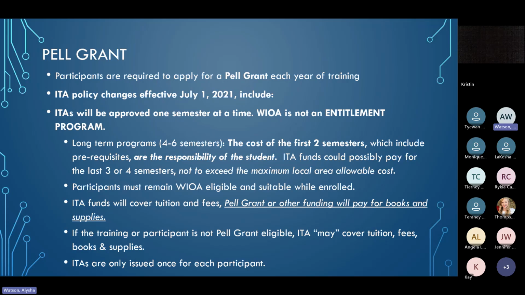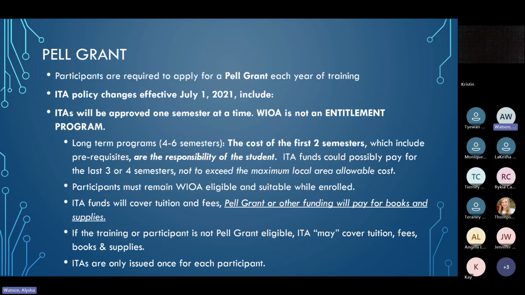If the training or participant is not eligible for Pell Grant, the ITA may cover the cost of tuition, fees, books, and supplies. And ITAs again are issued once for each participant. So a participant can only receive ITA funding once.